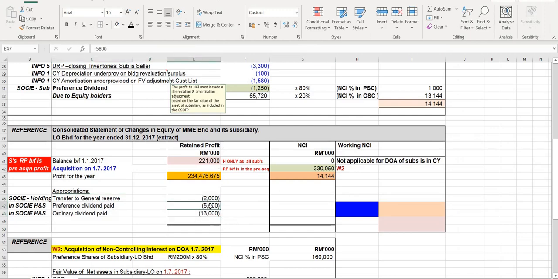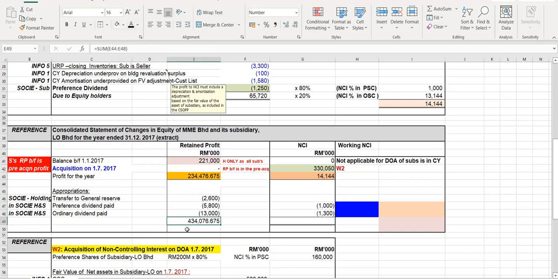Remember, this one is the column for parent dividend distribution. Same goes for the dividend for the ordinary shares. There was no transfer to the reserve made by the subsidiary. If there is any transfer, the parent may have a share of that transfer here, but here there is none. Then we go on to the subsidiary. So we are done with the column retained profit.